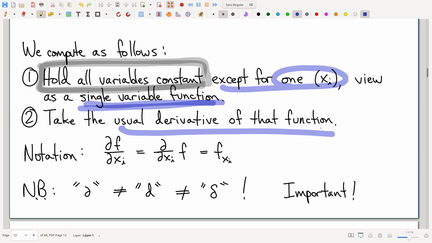Now, before I get into the notation, I want to address what I hope you may be concerned about right now, which is this seems awfully arbitrary. Wait, hold all variables constant? When does that happen in real life, that only one thing changes at a time? That's not how the world works, right? That's part of my quibble with why I think this is an unnatural point of view on derivatives. So granted, you should be suspicious as to whether this is actually a good idea.